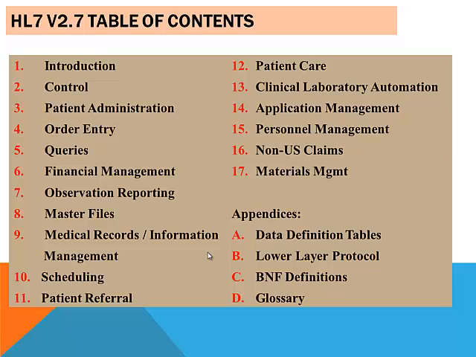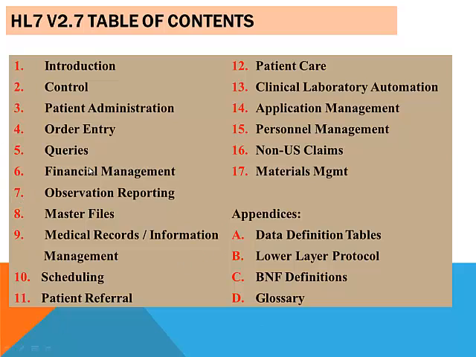The current version 2.7 includes 17 chapters. It also includes 4 appendixes.